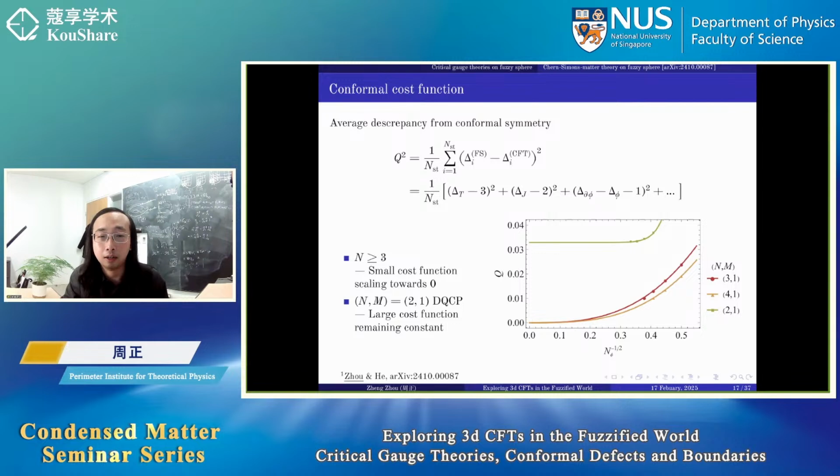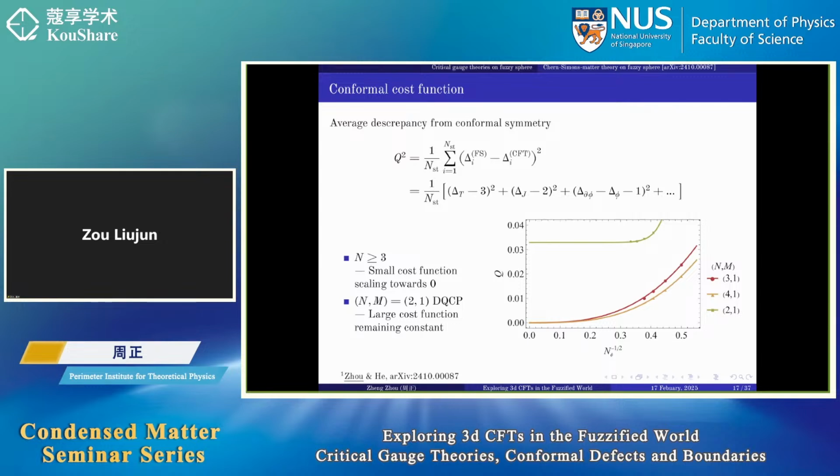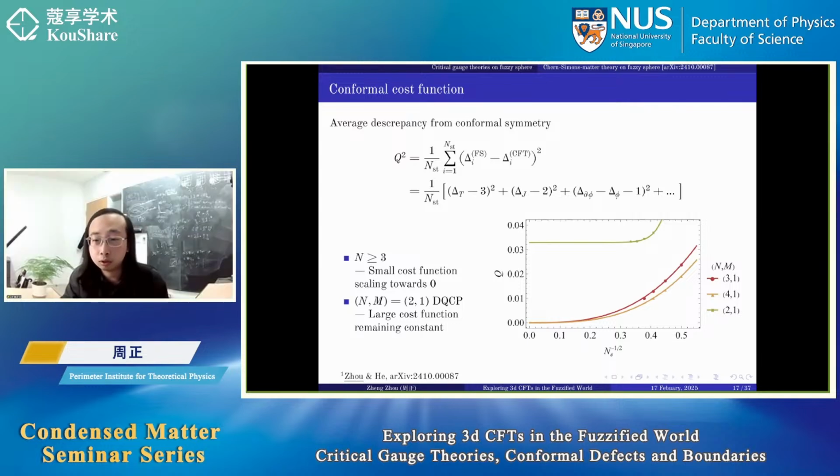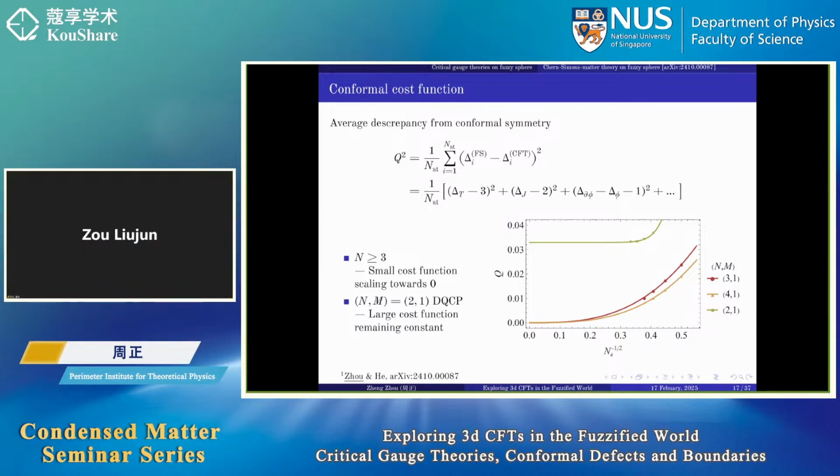Altogether, there are 8 of them, descendants and conserved currents. I see. Thank you. We made sure that different choices of the cost function don't have much impact on what we find. Yeah, thanks.